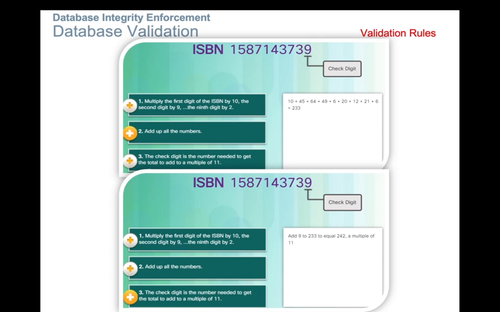Then the third step: the check digit is the number which is needed to get the total to add to a multiple of 11. So for that, by adding 9 to this 233, which is equal to 242, which is a multiple of 11.